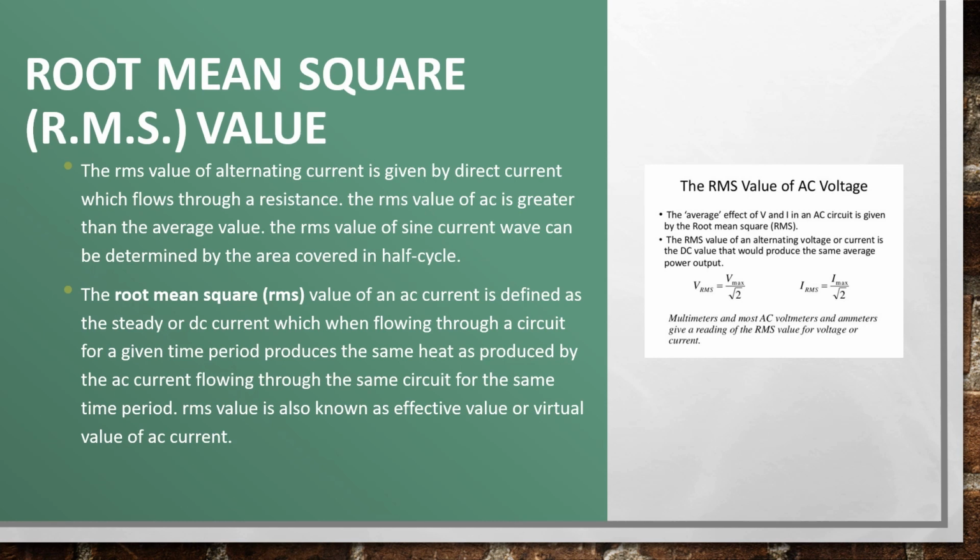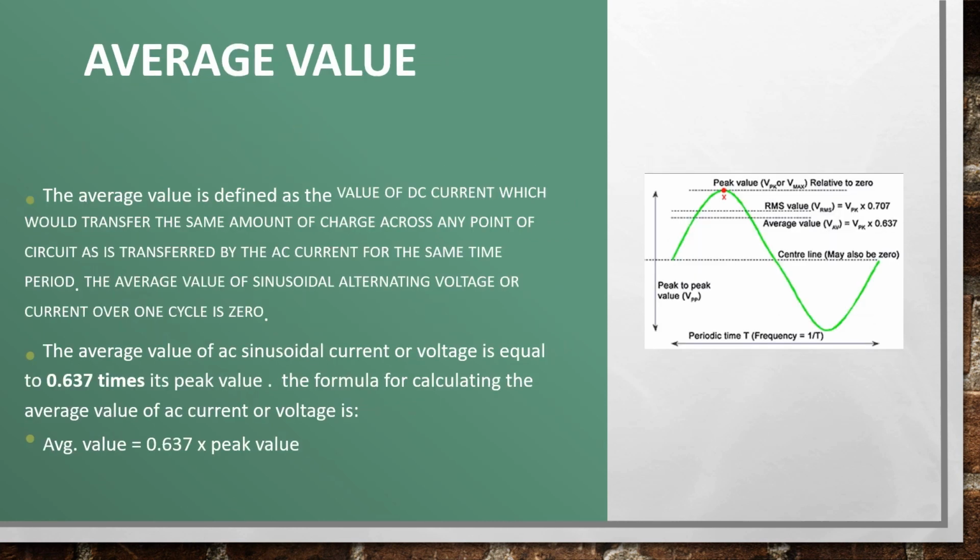The root mean square value of an AC current is defined as the steady or DC current, which when flowing through a circuit for a given time period produces the same heat as produced by the AC current flowing through the same circuit for the same time period. RMS value is also known as effective value or virtual value of AC current.